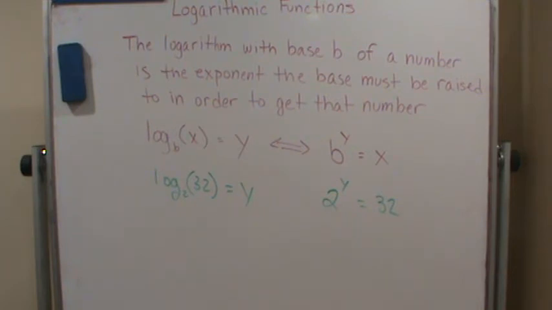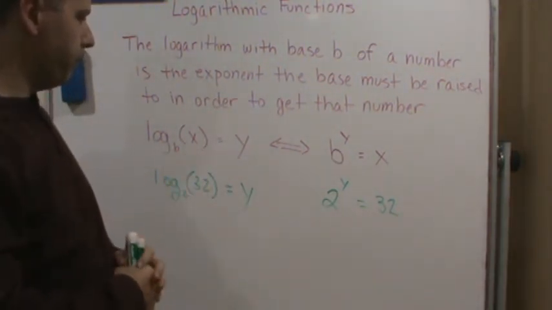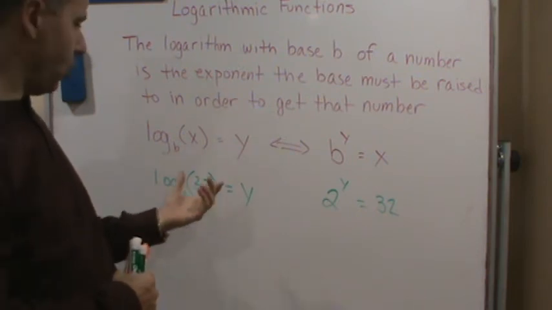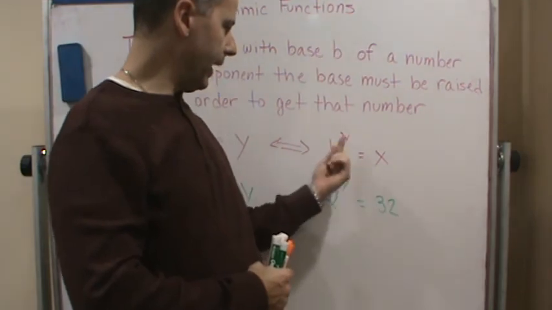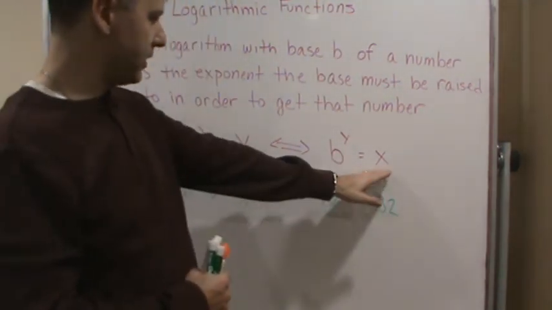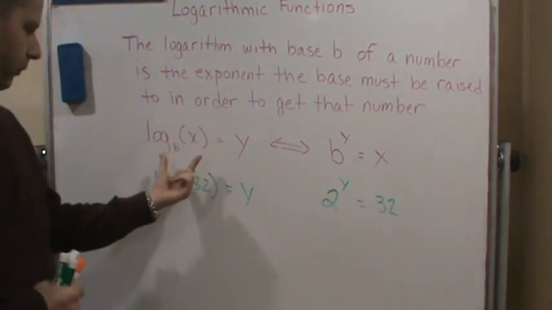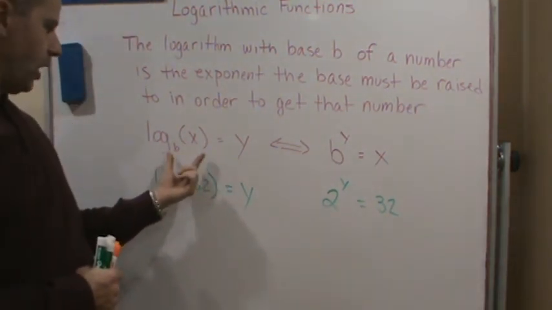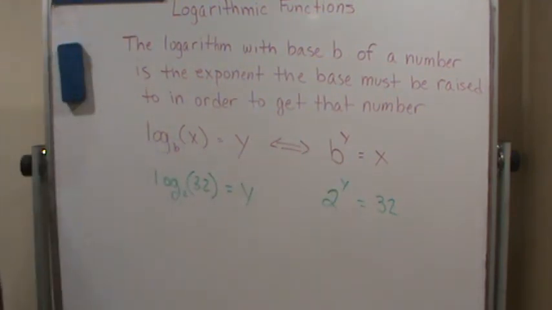Now, also, since logarithmic functions and exponential functions are inverse operations of each other, the domain and the range change. Obviously, if we look at the exponential, x and y are switched, because we're changing the logarithmic function into an exponential expression.